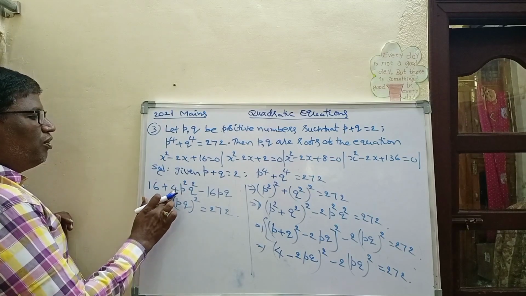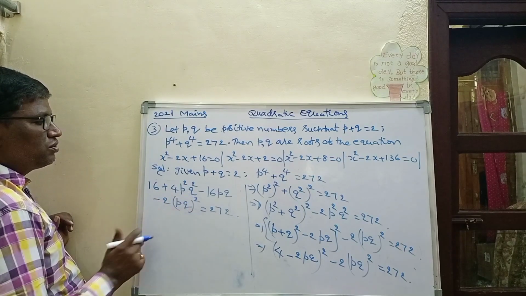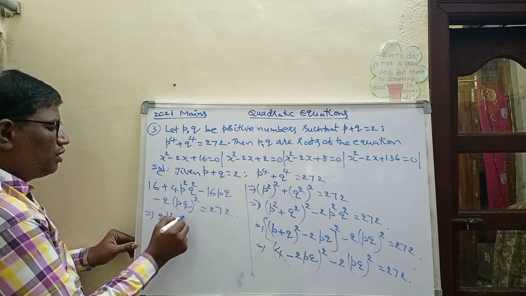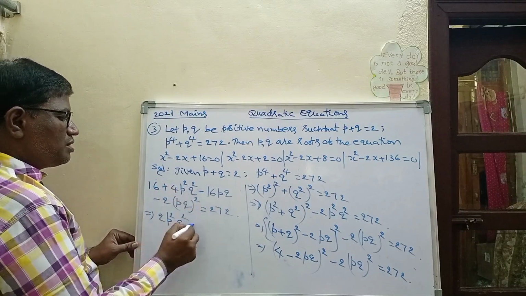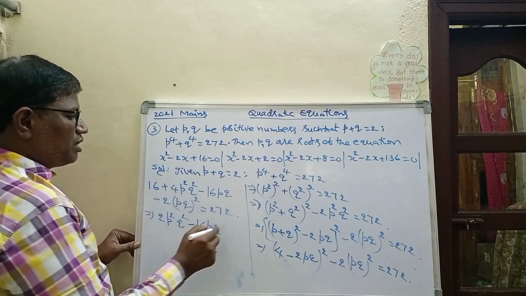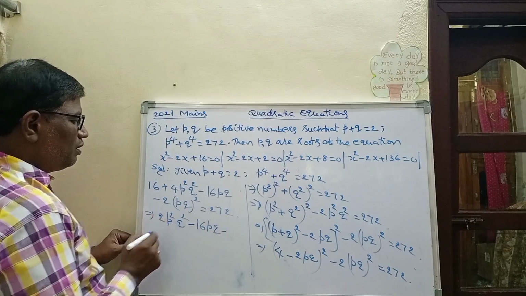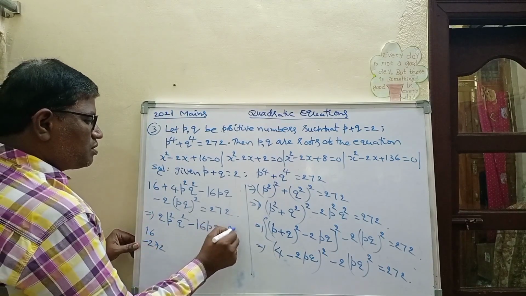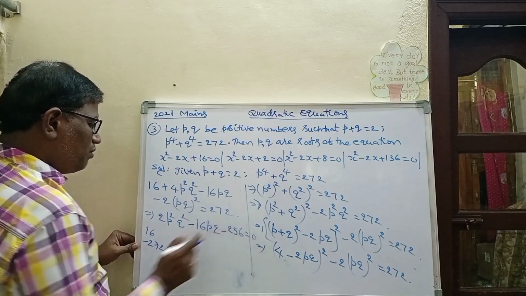And here this is 4 p square q square minus 2 p square q square. So similarly remaining simplification 2 p square q square, and here minus 16 pq and 16 minus 272, that means nothing but 16 minus 272, 256 minus is equal to 0.